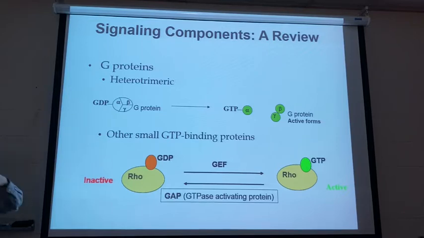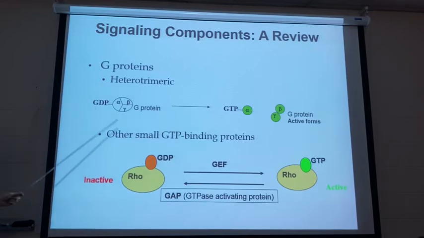So first, just again, to make it so your blood pressure doesn't go up, we have components called G proteins. So G proteins are GTP binding or GTPase proteins, and there are different types. So there are what are called heterotrimeric G proteins, in which case you have three different subunits, and you have an inactive form of the G protein when they're all together, and you have GDP bound to one of the subunits.